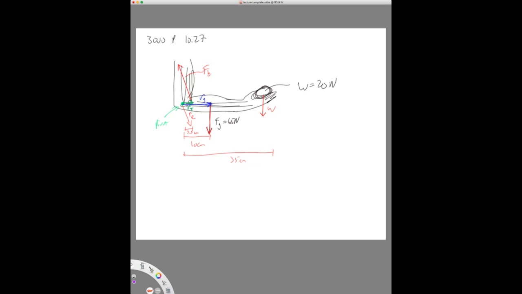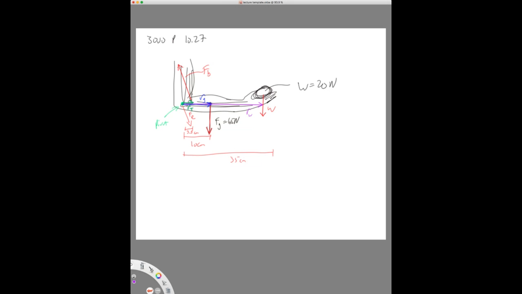And finally, we're going to have one more that comes along like that. Now, it doesn't matter really that I drew the weight a little bit higher than this axis. Maybe at the end of this, I'll talk about why it doesn't matter so much. For now, that's just a little bit of sloppy drawing on my part. And the R for the W is from the elbow all the way there.